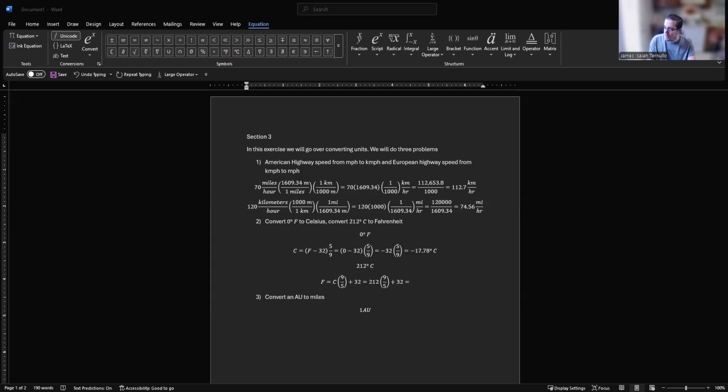And let's see what that is. 212 times 9 divided by 5 is 381.6. And then we're going to add 32. And that gives us 400 and change. Give me just a second. 32. Yeah, 413.6 degrees.